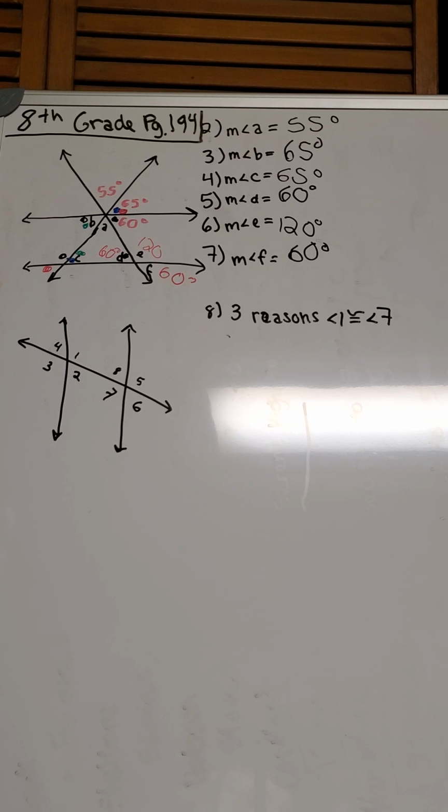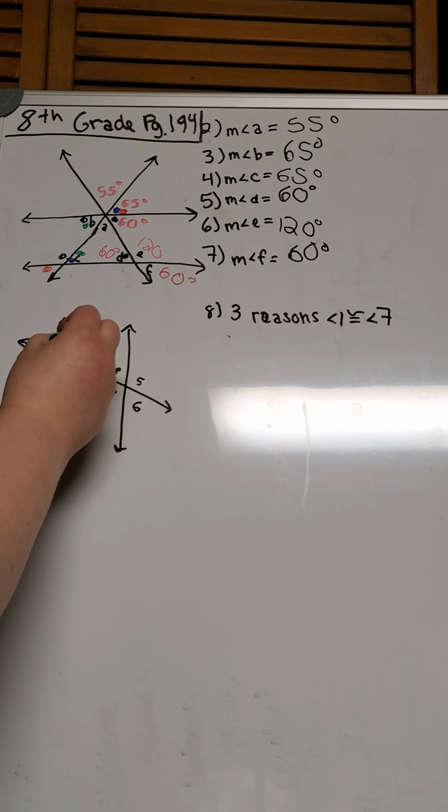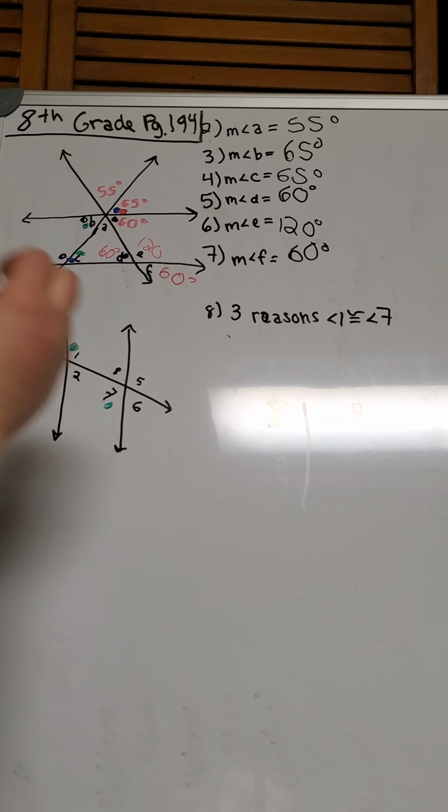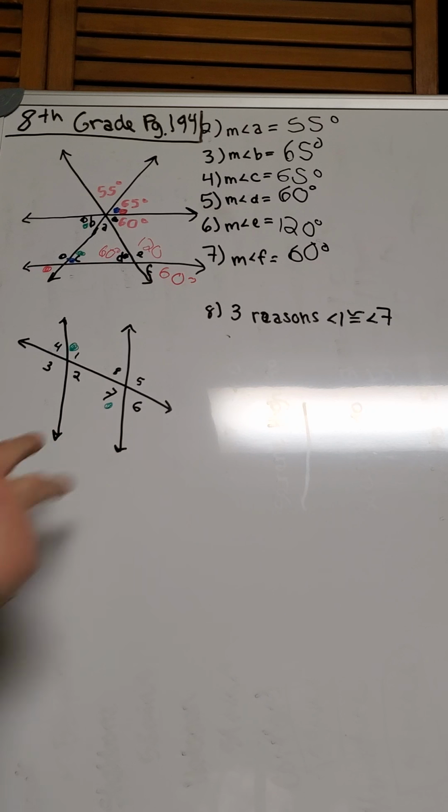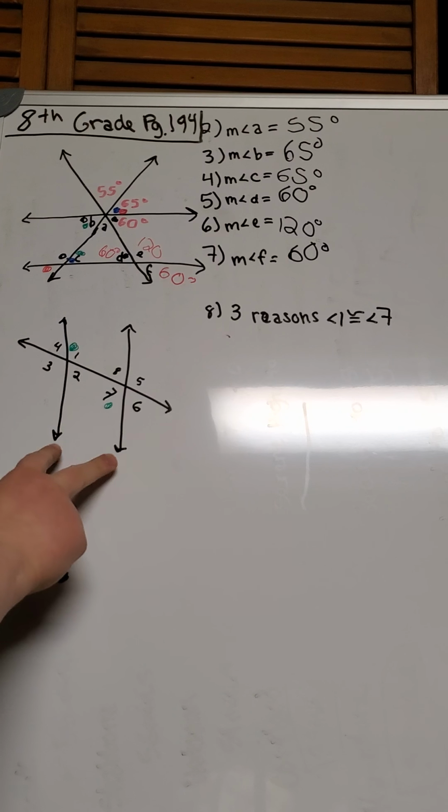So for number 8, give 3 reasons angle 1 and angle 7 are congruent. Alright, so let's put green dots on 1 and 7. The first thing I notice, keeping in mind the question tells you that P and Q, these two lines, are parallel.